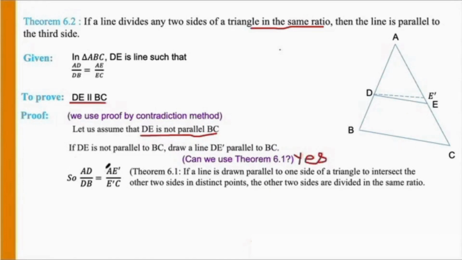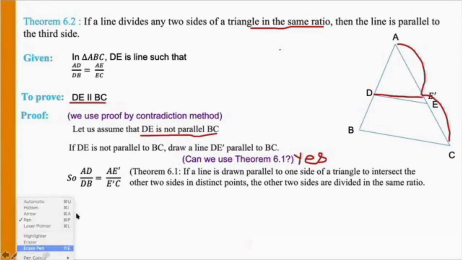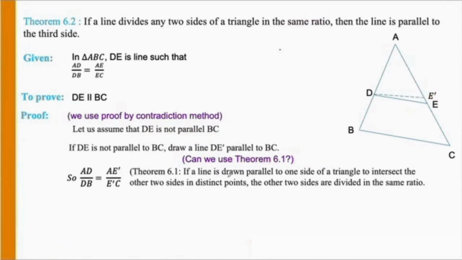So according to Theorem 6.1, we have AD upon DB is equal to AE dash upon E dash C. Since this line is parallel to BC, we have AD upon DB is equal to AE dash upon E dash C. Using Theorem 6.1, if a line is drawn parallel to one side of the triangle, since this new line that we have drawn is parallel to BC, then the ratios are equal.